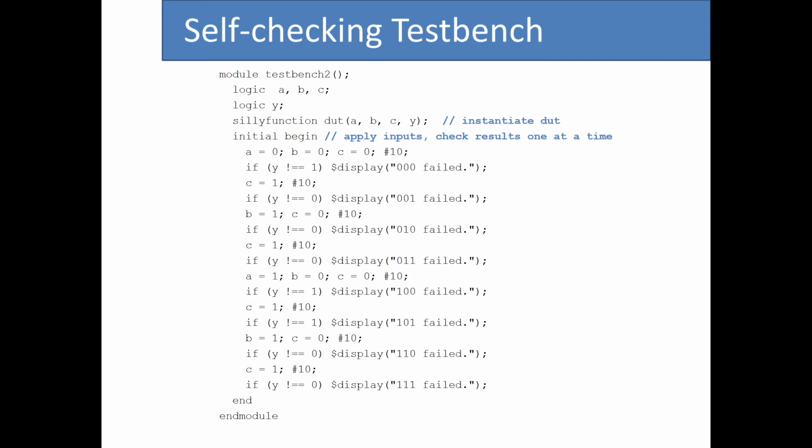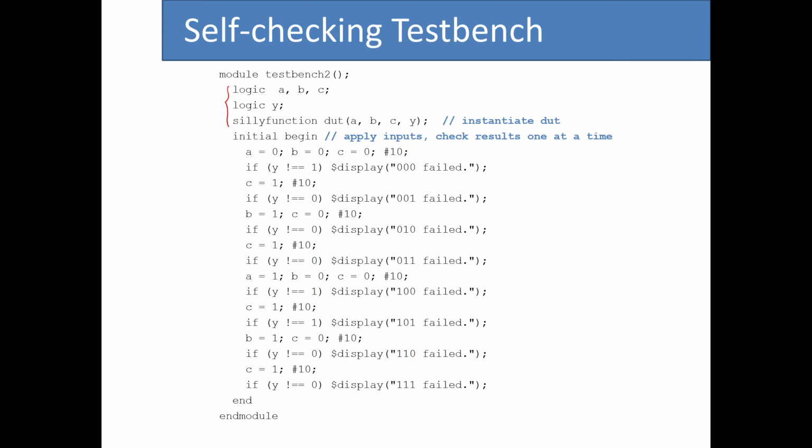That brings us to the other type of test bench that we can have, which is a self-checking test bench. For the self-checking test bench, we have some of the same lines as before: the internal variables a, b, c, the internal variable y, and the instance of the silly function with inputs a, b, c and output y.